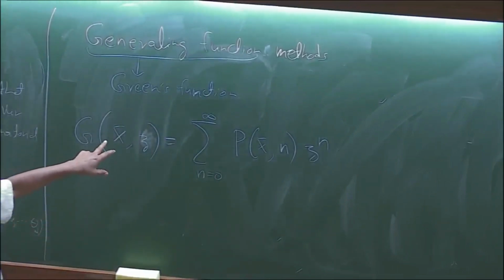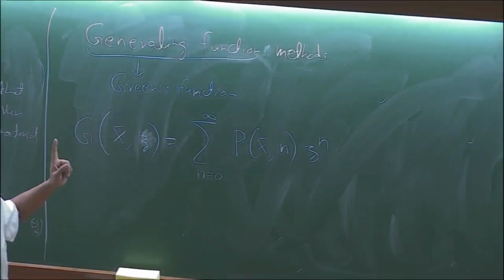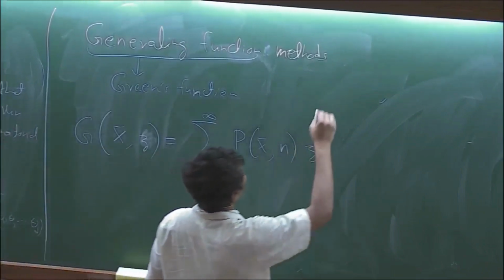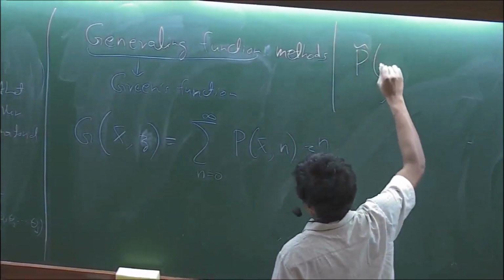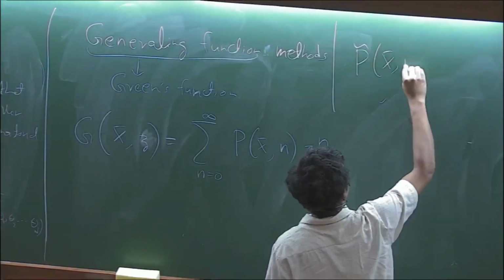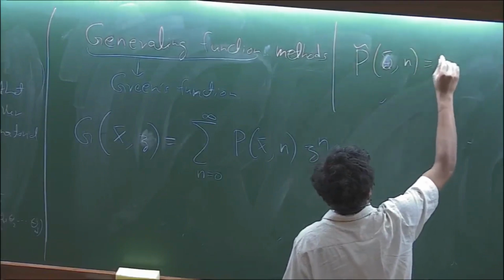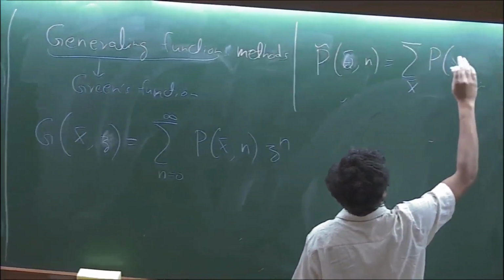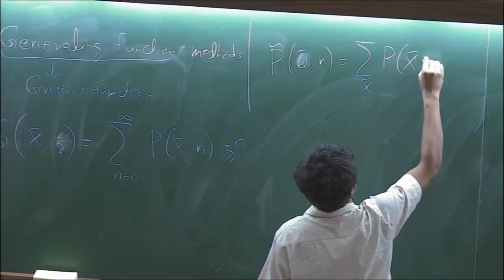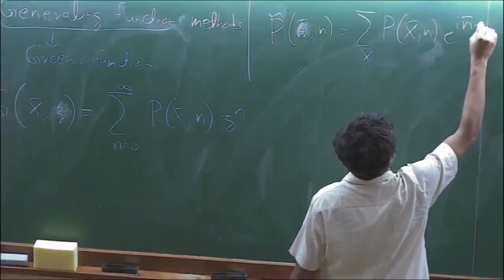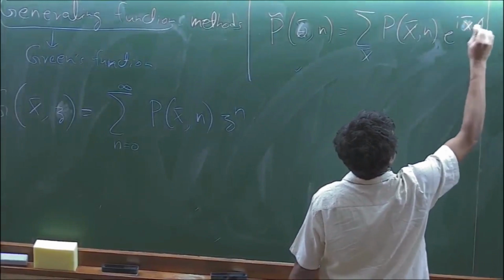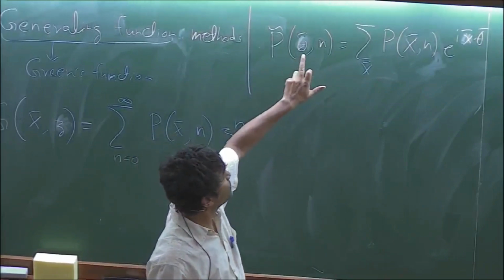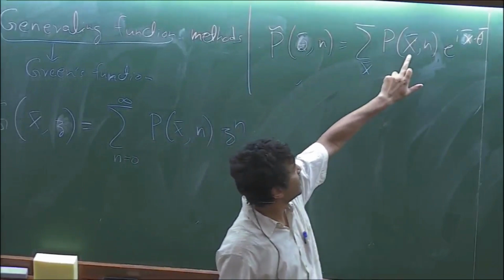When I defined this p tilde earlier, that was what we called a Fourier transform, a transform from space, x to theta.